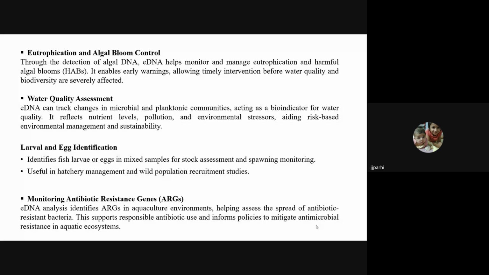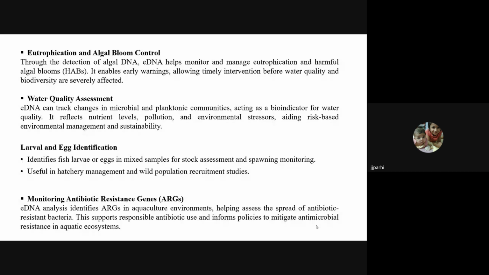Then identification of larvae and eggs. Especially in our project, we wanted to know how this species is breeding, when it is breeding, and where the breeding ground is, because there was human interference, the water was sinking, and this was leading to a decrease in population.